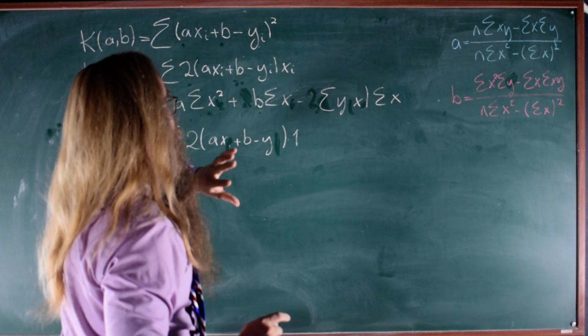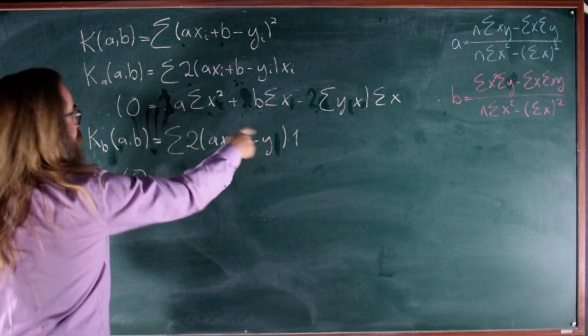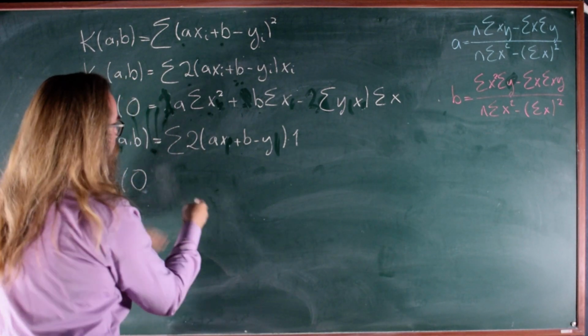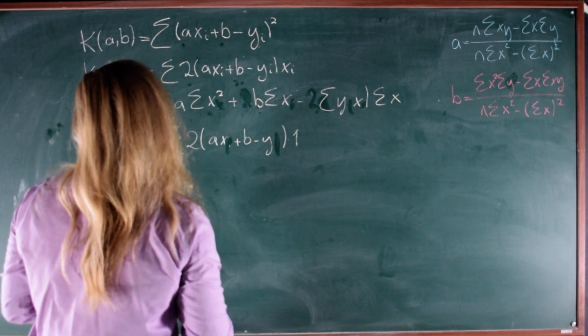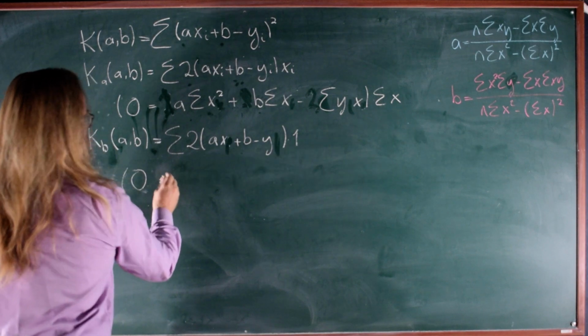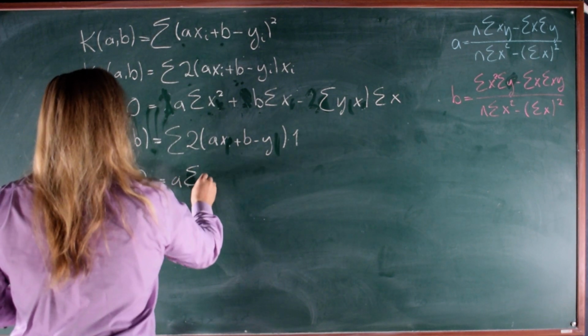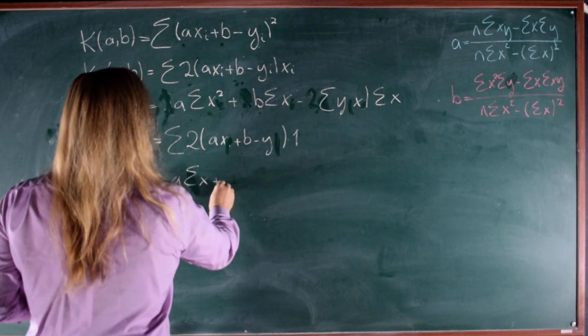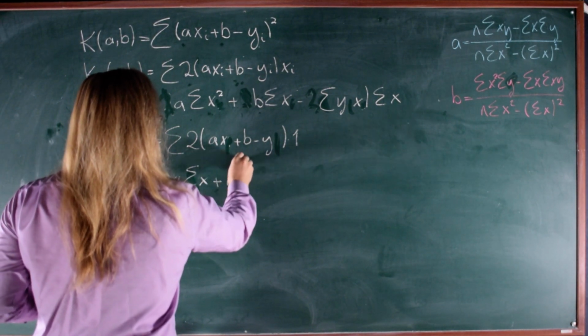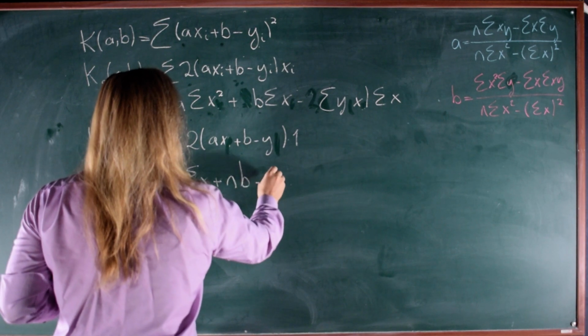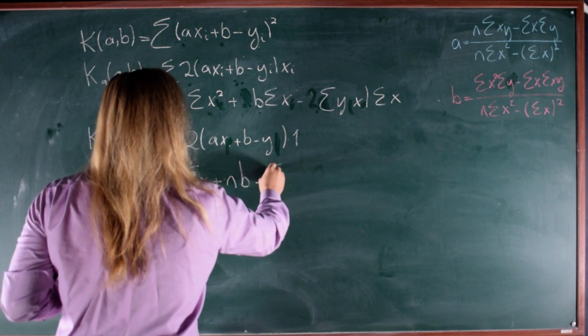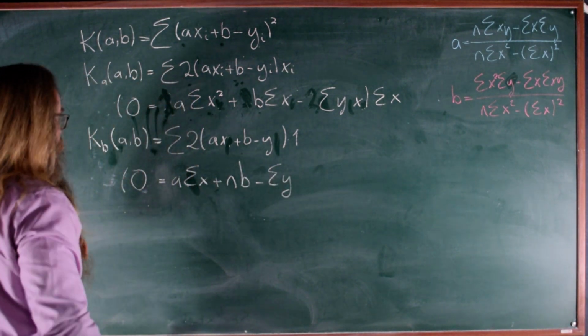Okay, so we're going to take these two, and now we're going to make the b coefficients disappear. Okay, so I'm going to need this section here again, which I reused for the whole equation thing. So we're going to get a sum of x plus nb minus sigma y. Okay.